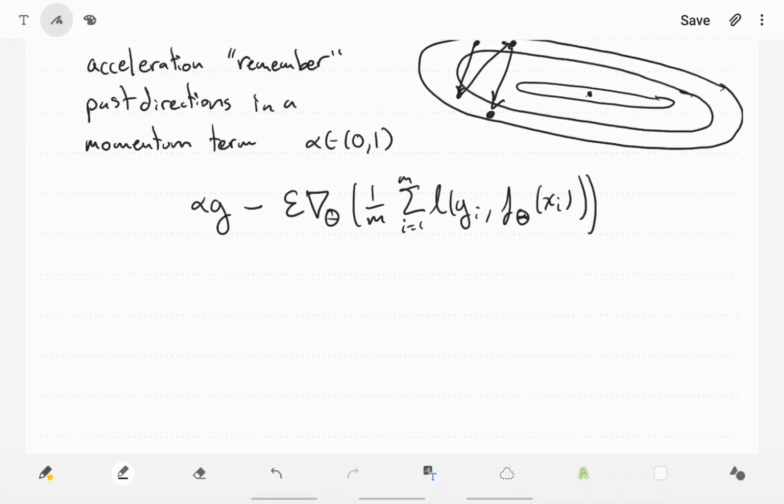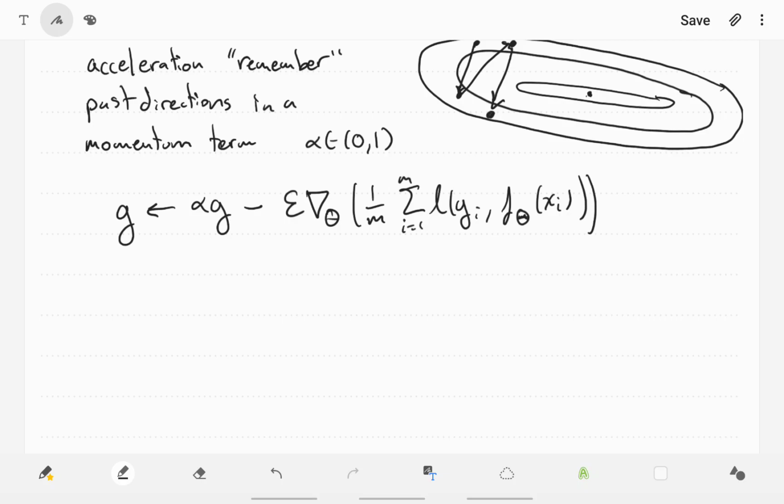So we're doing some sort of combination of G, the previous gradient step, and the gradient for the current mini batch, and we're using this to update G. So the basic idea is that G not only includes the current mini batch gradient, but also all of the previous gradients, but to some lesser degree.